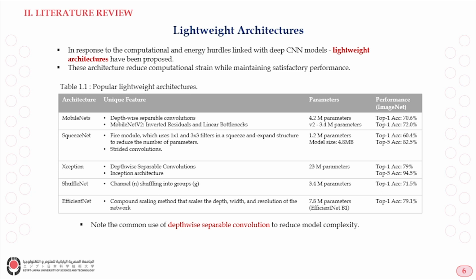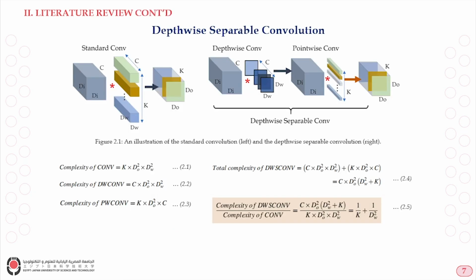One thing you will realize is that they commonly use the depth-wise separable convolution. This is a lightweight way of implementing the convolution that takes less computing intensity. I've discussed the nature of this convolution here. In a standard convolution, if we take the number of operations as the complexity, we can compare it with the depth-wise separable convolution, as shown in these equations.